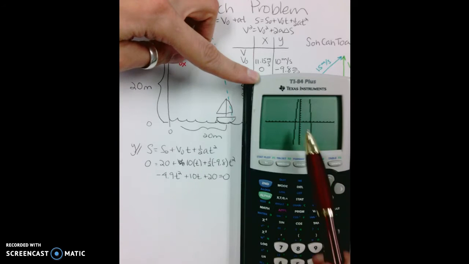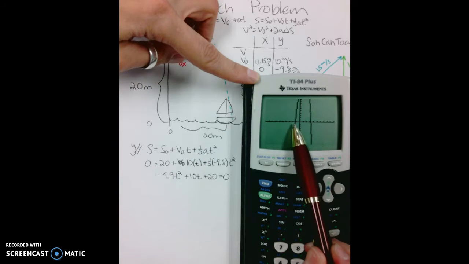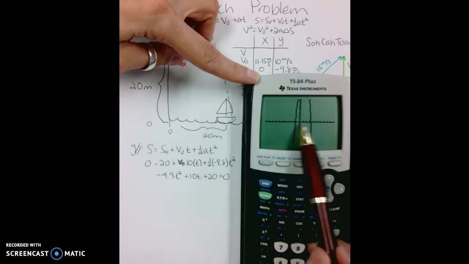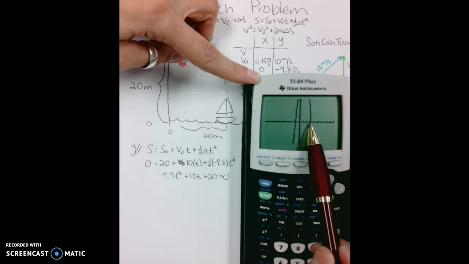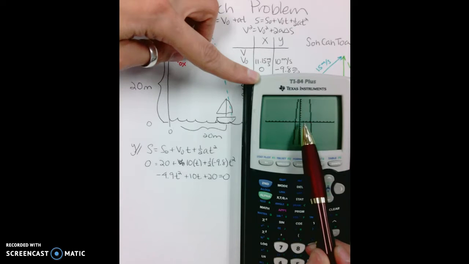And I can see here I have 2 places where I have zeros, where my line crosses the time axis. One is negative and one is positive. These indicate what the time is. Well, time can never be negative, so I'm actually interested in the positive root here.